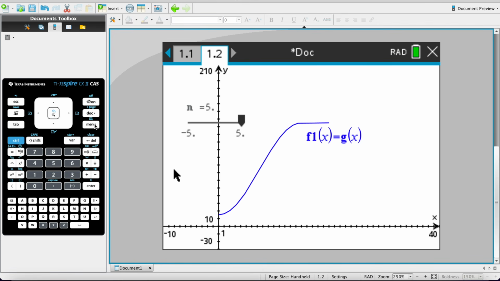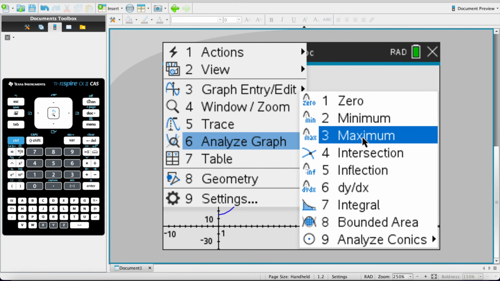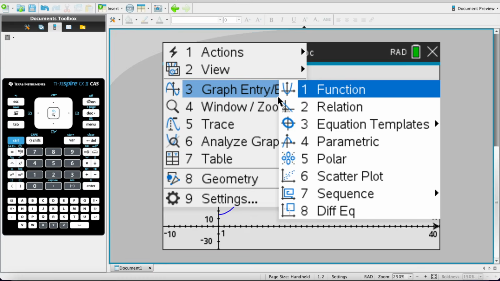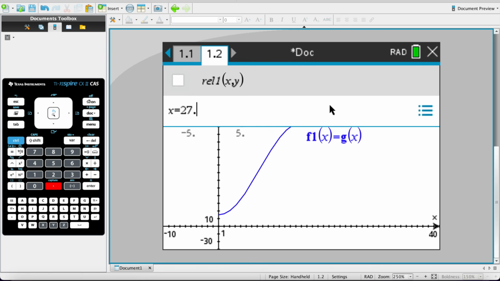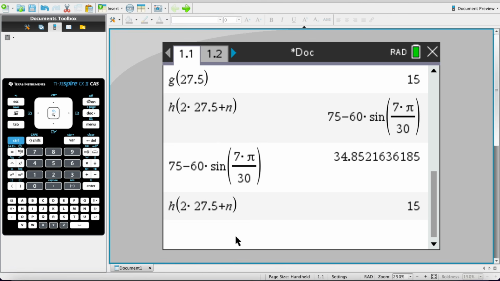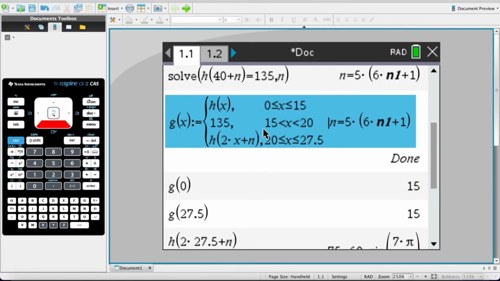So when you analyze graph, I'm just going to sketch x is equal to 27.5. Doesn't even go up to 27. That's the problem. Maybe it comes back down. Okay, so I'm sure I defined it.